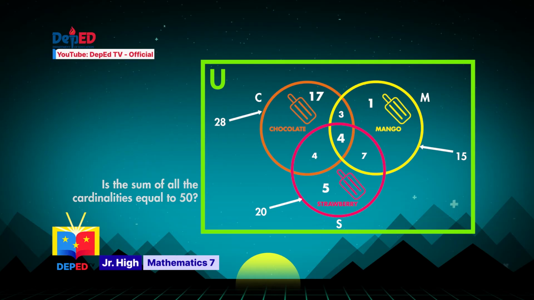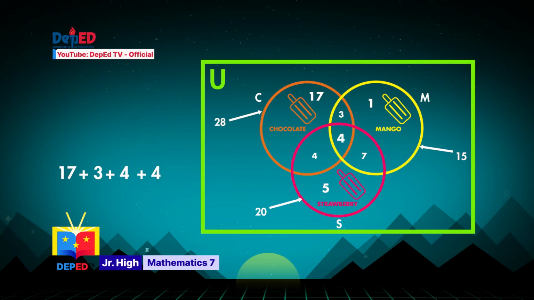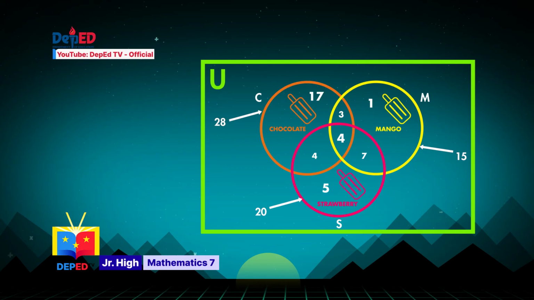Will you add all the cardinal numbers in the set? Very good! The sum is 41. This implies that the total number of people who like at least one of these flavors, chocolate, mango, and strawberry, is 41.